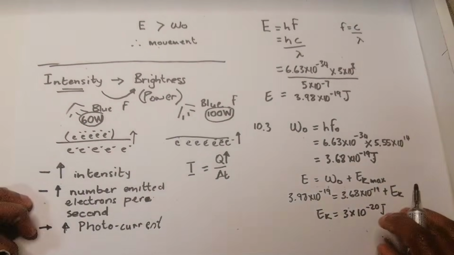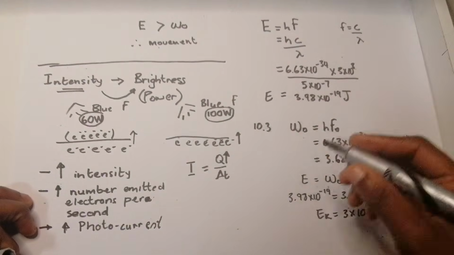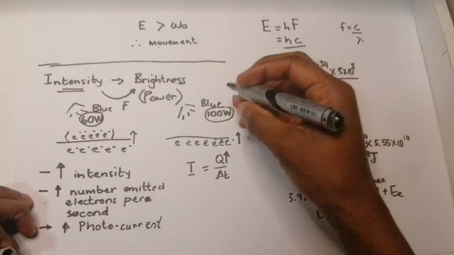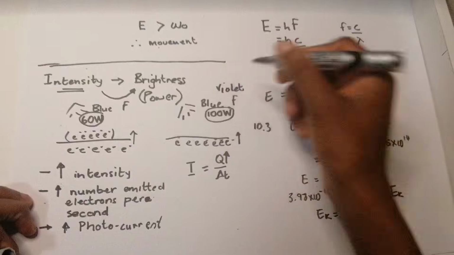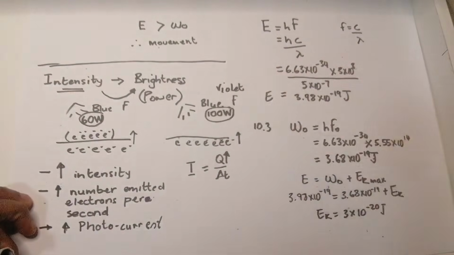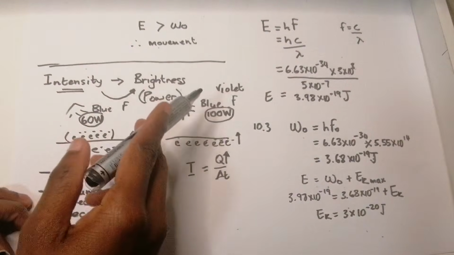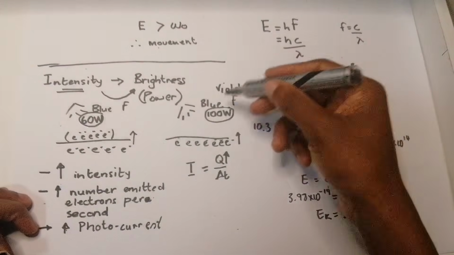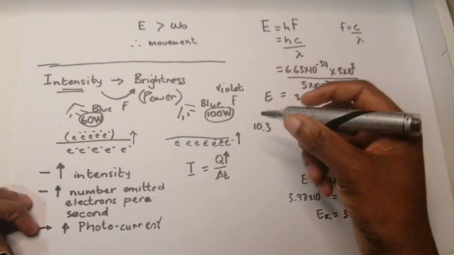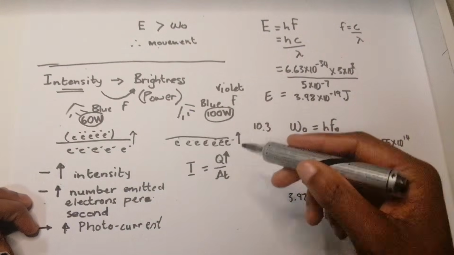Now, just as a conclusion, remember, if I were to use, let's say, violet light instead of blue light, how would that change anything? Violet light has a greater frequency than blue light. So as a result, when I use violet light, it will not increase the amount of electrons per second.